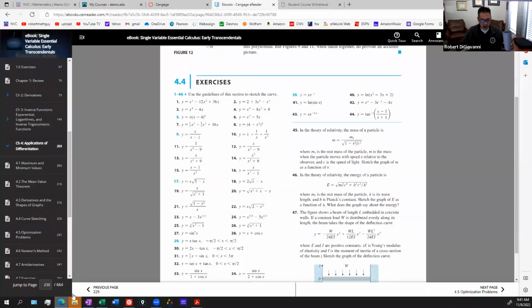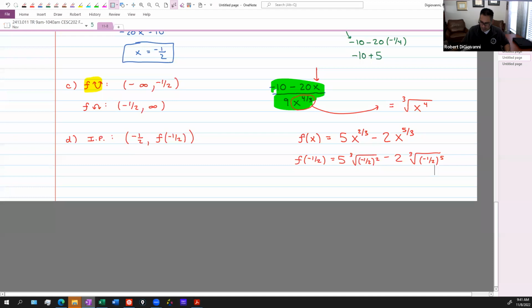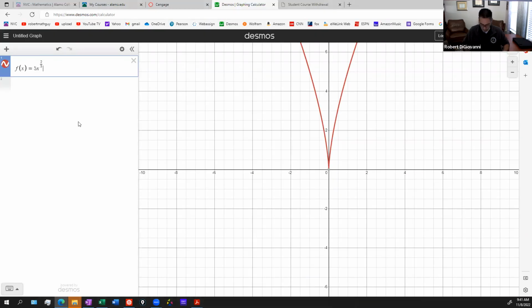All right, let's look at the graph of this. There we go. F of x equals 5x raised to the 2/3 minus 2x raised to the 5/3.